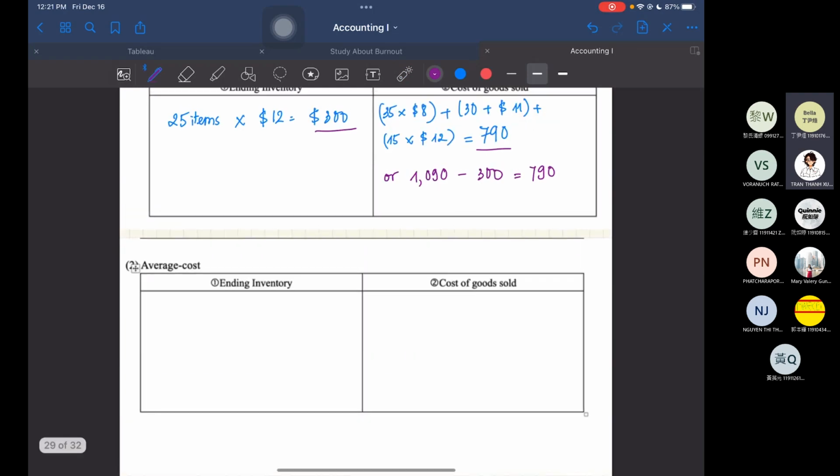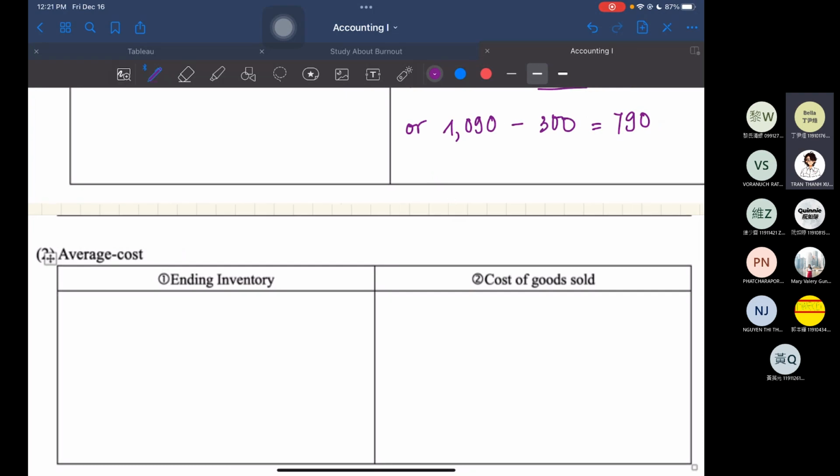So here is 1090 divided by 105 items. So the average unit cost is 10.38.